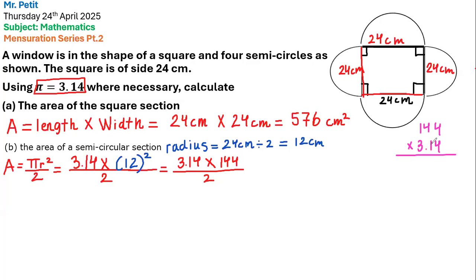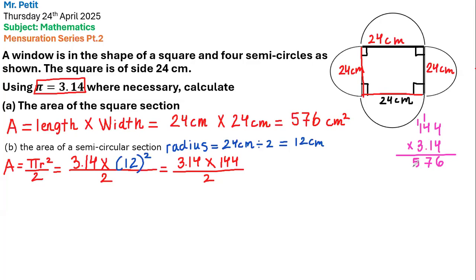All right, so 4 times 4 is gonna be what? 16. Put the 6 down, put the 1 up. 4 times 4 is 16, plus 1 is 17. Put the 7 down, put the 1 above. 4 times 1 is 4, plus 1 is 5.